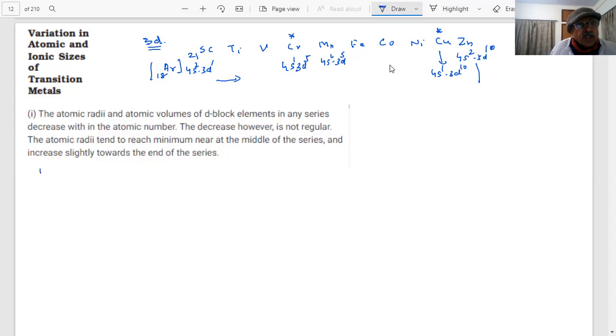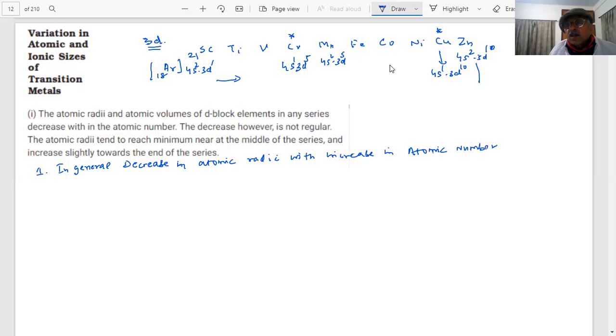First thing we should say is that, in general, there should be a decrease in atomic radii with increase in atomic number, because the nuclear charge increases, so there will be a stronger attractive force for the electrons.